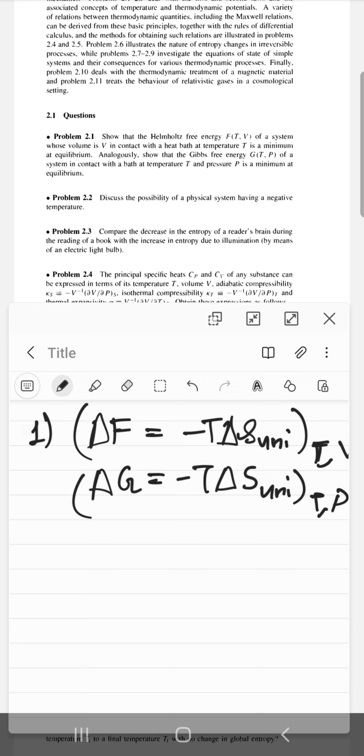Right, so we had to show that for equilibrium your F is at a minimum, and it's pretty obvious from that.